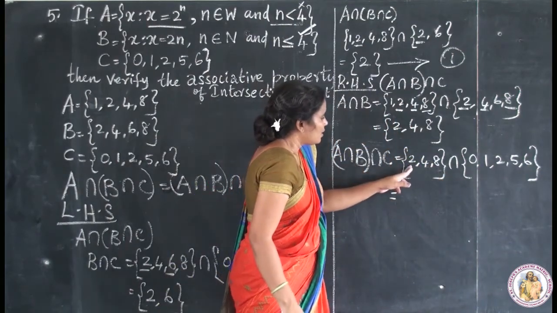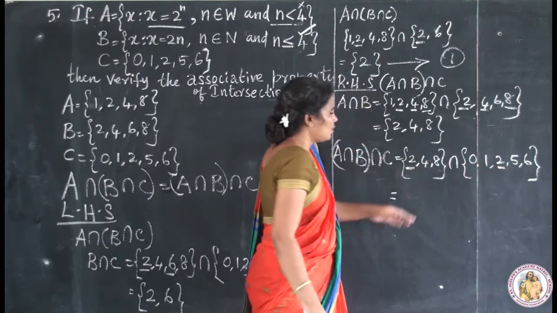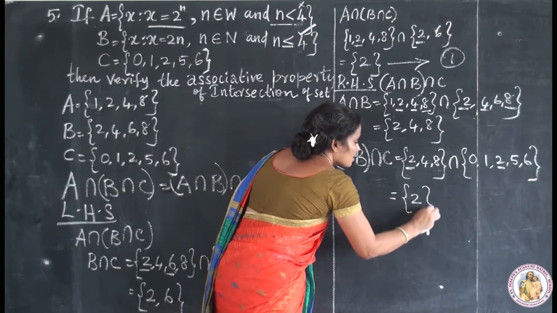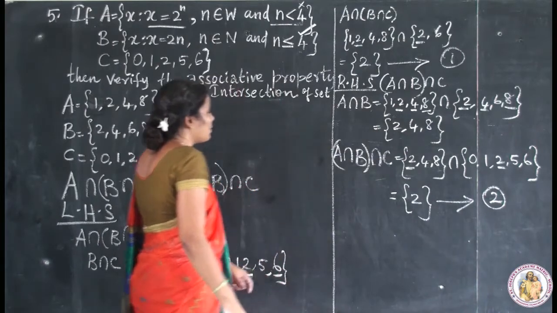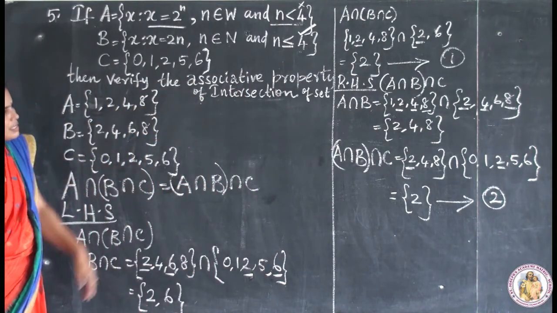Okay. 2, 4. So we have 2. No other element is present in C. So only 2. Taking this as 2. Now let us check whether LHS is equal to RHS.